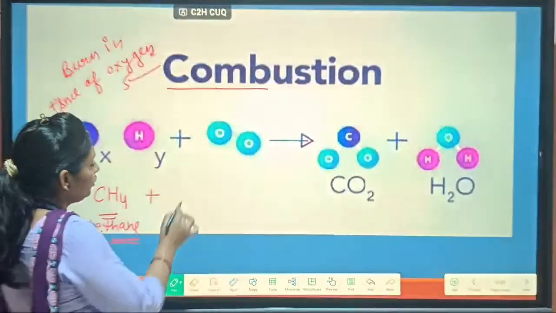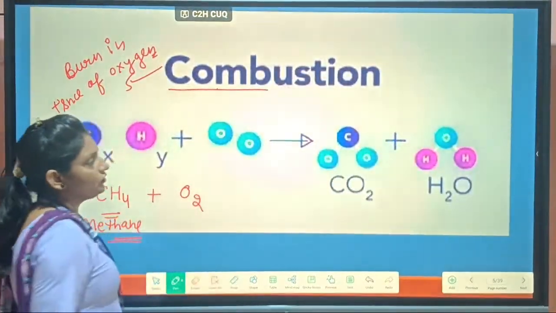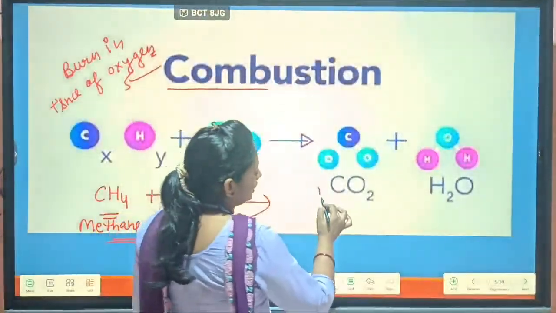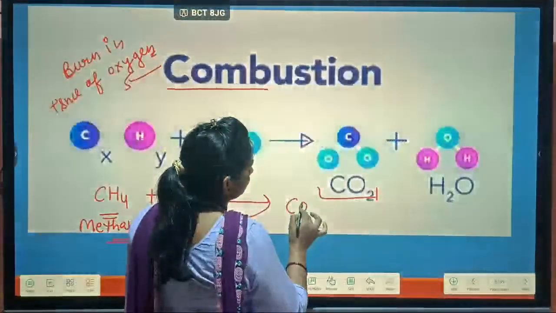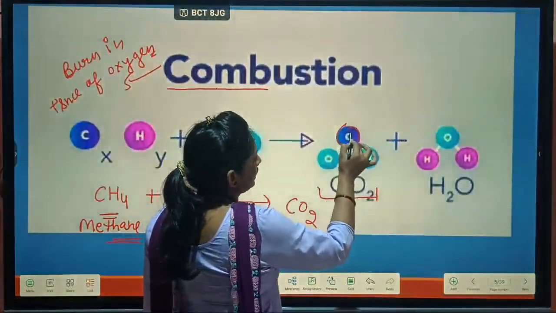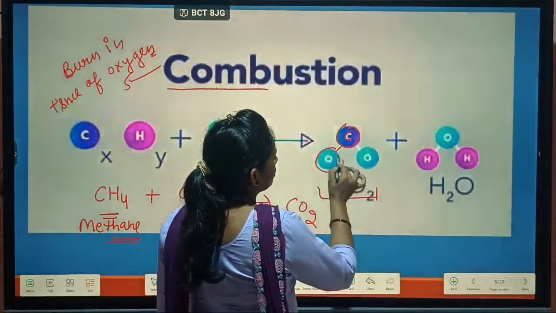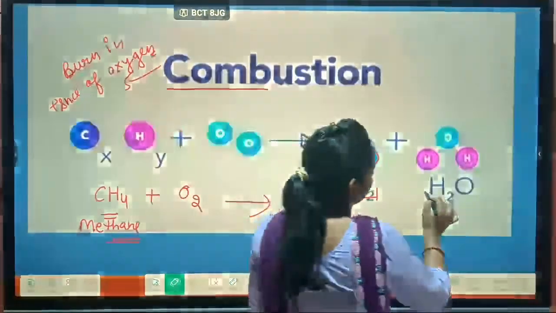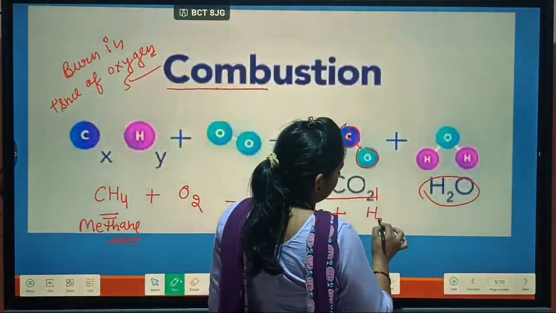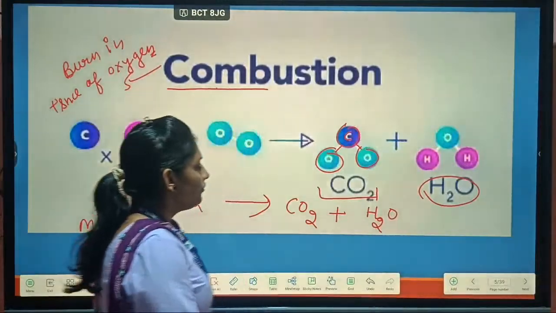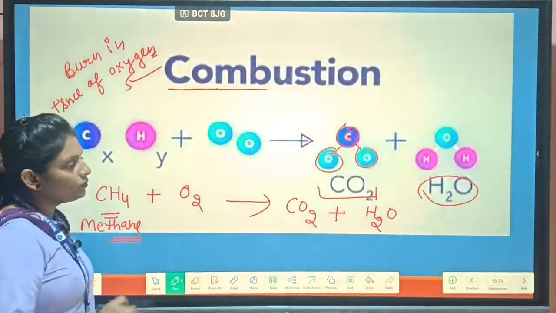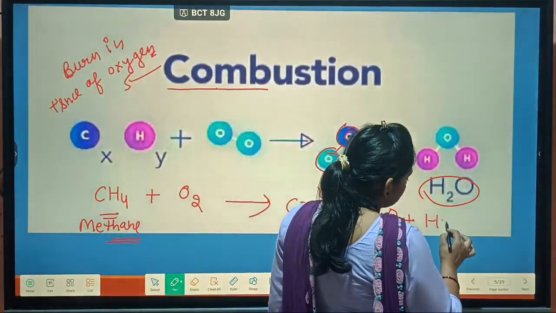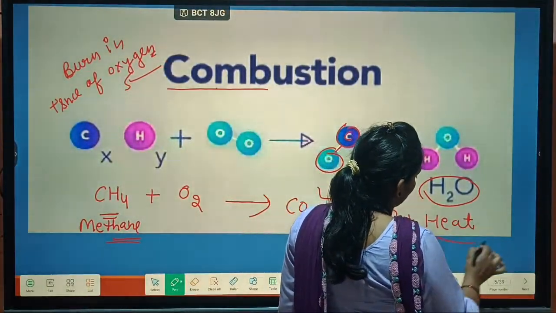If you burn methane in the presence of oxygen, then what will happen, students? Then it will produce CO2, this is C, carbon, plus the formation of water molecule, H2O, takes place. Plus students, when you burn methane in the presence of oxygen, some amount of heat is also produced.